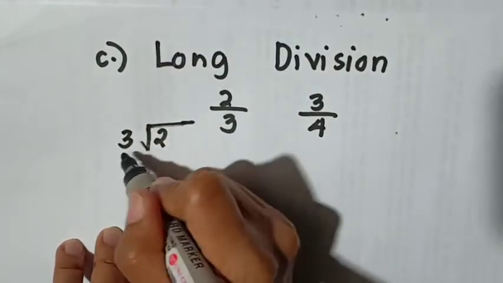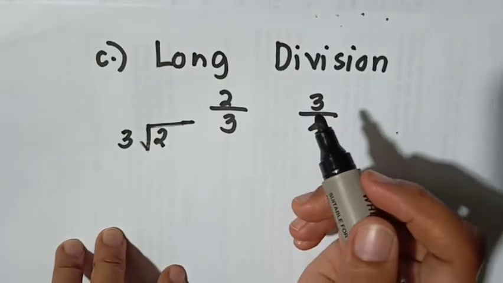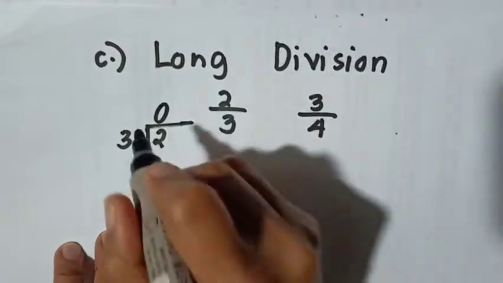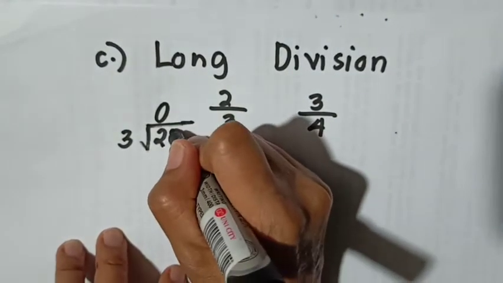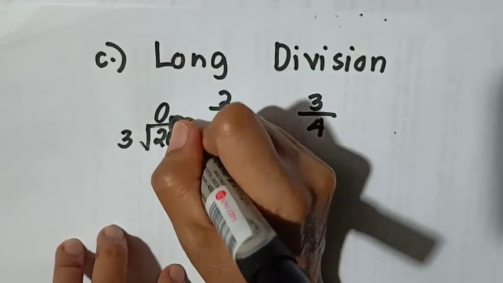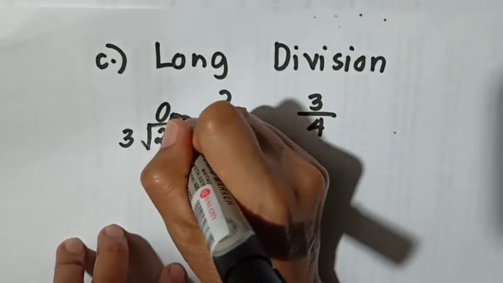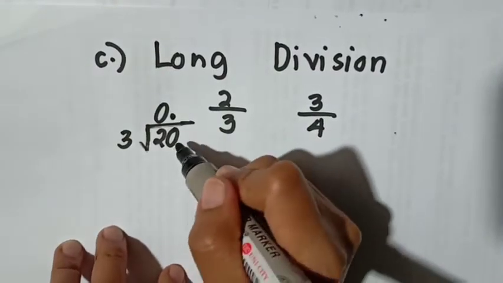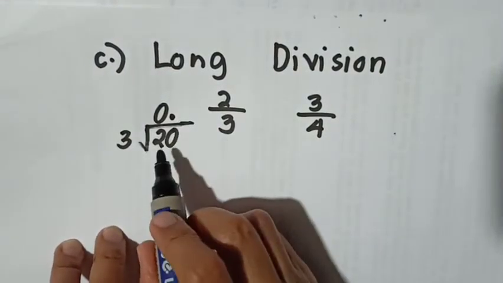When you divide 2 by 3, of course, you cannot. So put 0. Put 0 beside 2, and at the same time, put that above, as a representation that you are putting 0 beside this dividend.